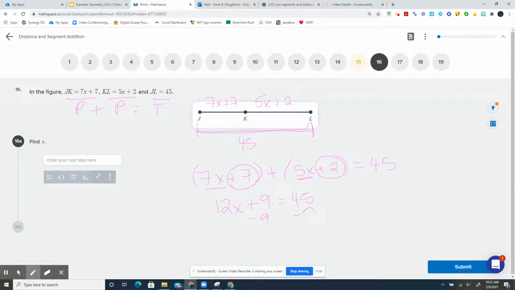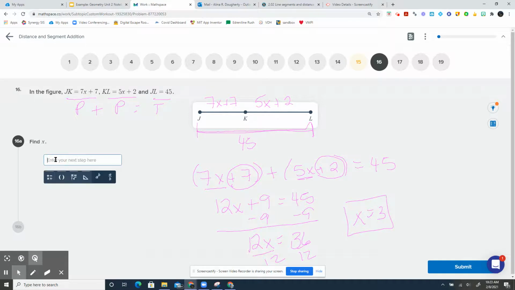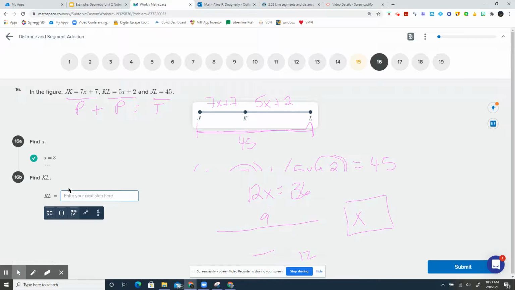Subtract the 9, subtract the 9. 12x equals 36, divide by 12 and divide by 12, and x equals 3. So find x. I'm going to go ahead and put x equals 3 because we had to put the equal sign last time. And then find KL.